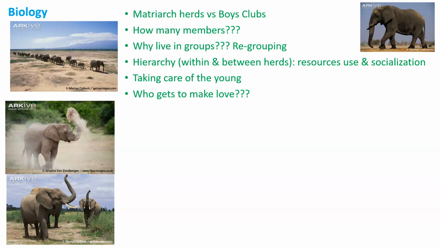She might be biologically fit to reproduce, but it's not her decision whether it's her turn to make love, right? She has to wait until she gets permission from her oldest sister to do it, right? Again, it ensures that fitness is preserved within that particular herd. It's extremely interesting.